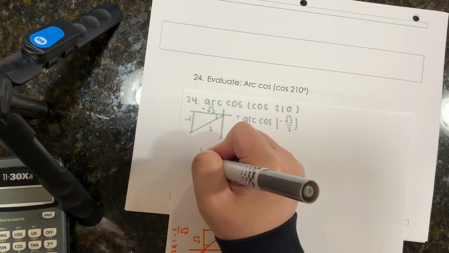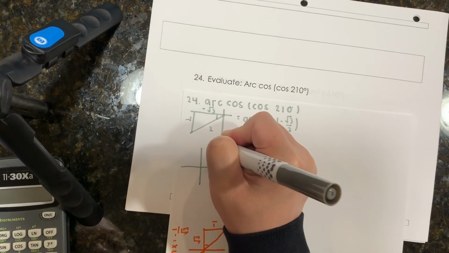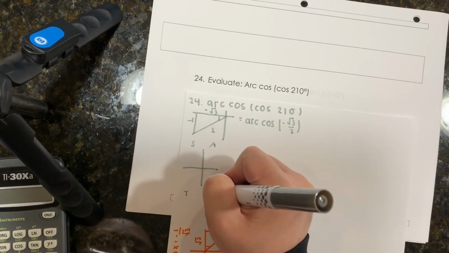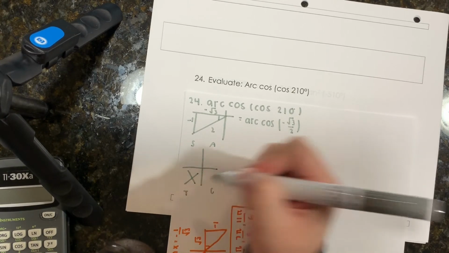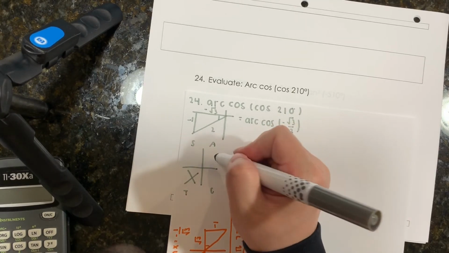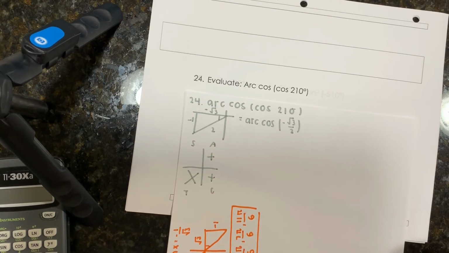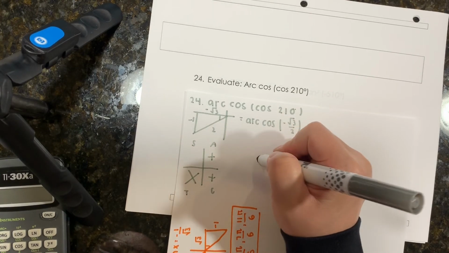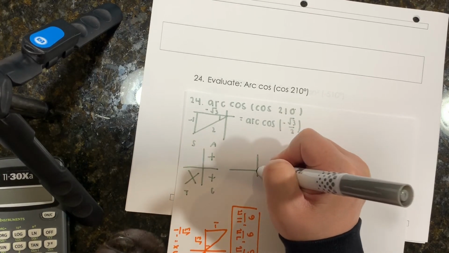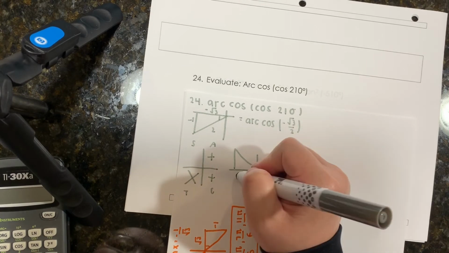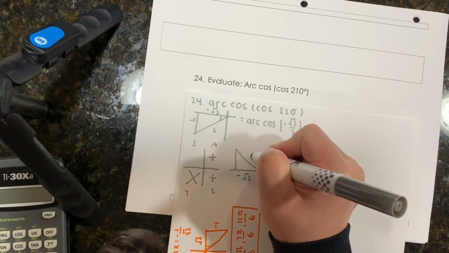And now using this chart, all students take calculus, and not using quadrant 3, I know cosine is positive in quadrant 1 and it's also positive in quadrant 4. So that means the only place that I can draw this triangle is going to be in quadrant 2. Labeling my adjacent as negative root 3, my hypotenuse as 2.